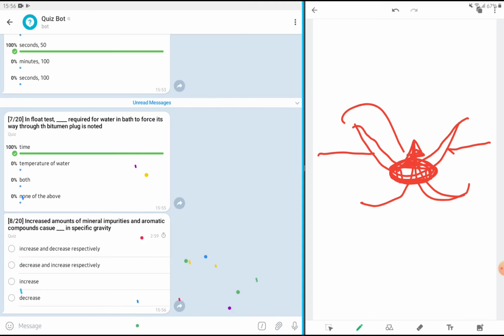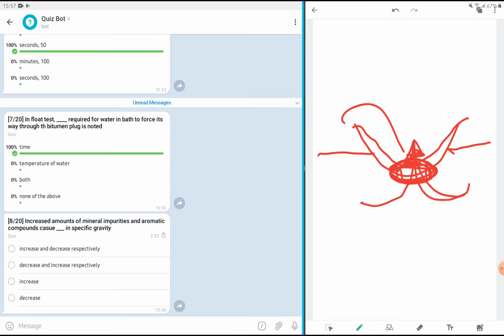Then, increased amount of mineral impurities and aromatic compound cause fill in the blank in specific gravity. What increases the specific gravity of bitumen? Whenever we are increasing foreign material, see, if purely bitumen is there, it will be soft.